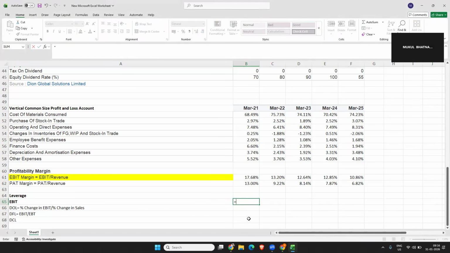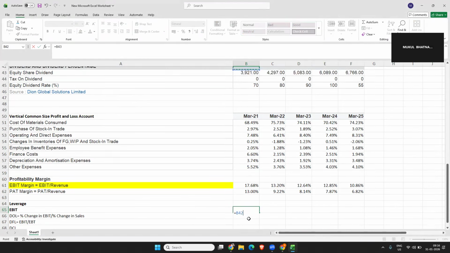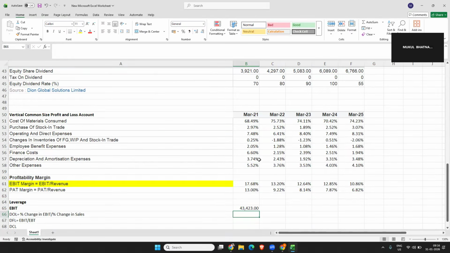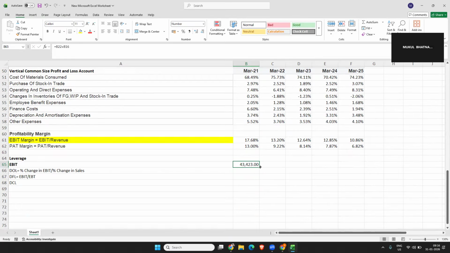So EBIT will be equal to, let me scroll upwards. So I have EBT, profit before tax. And if I add finance cost into it, I will have EBIT. Press enter. So this is the value of EBIT. And if I will scroll it further, I will have the EBIT of all the years.